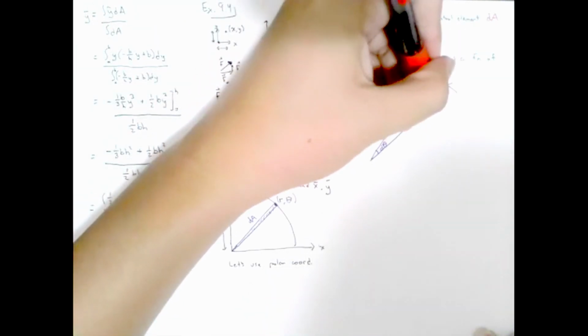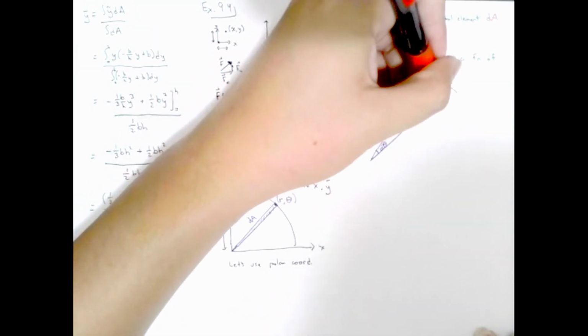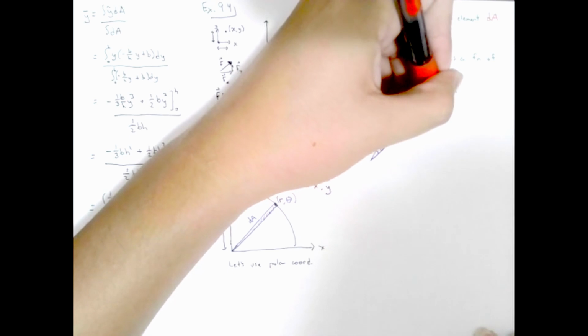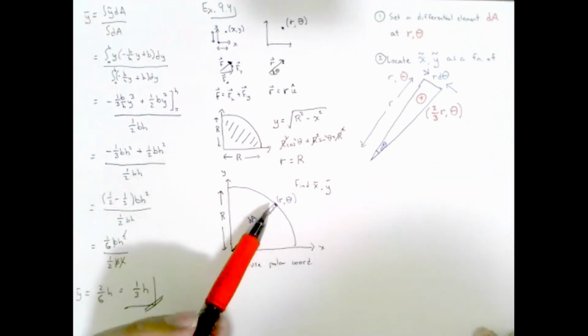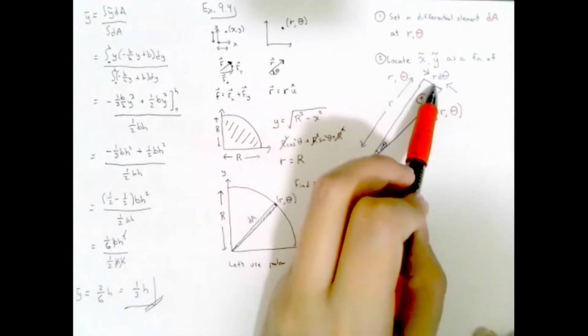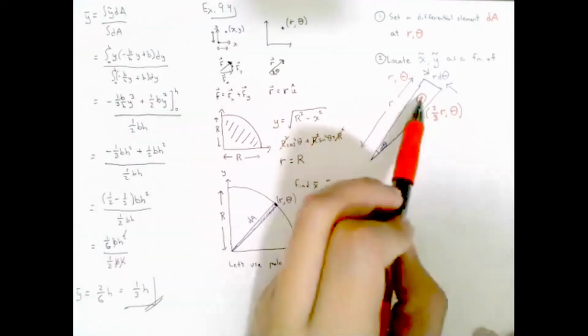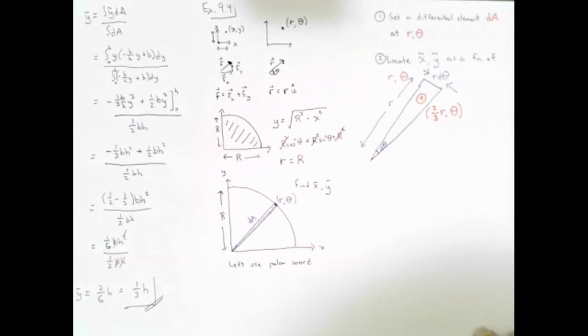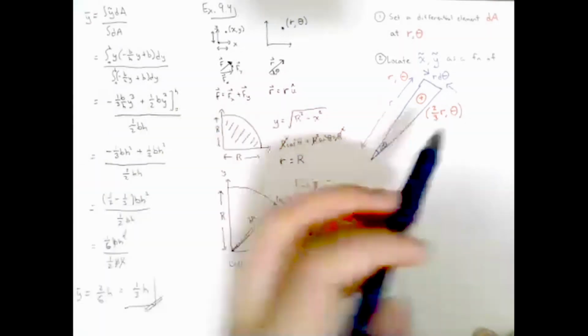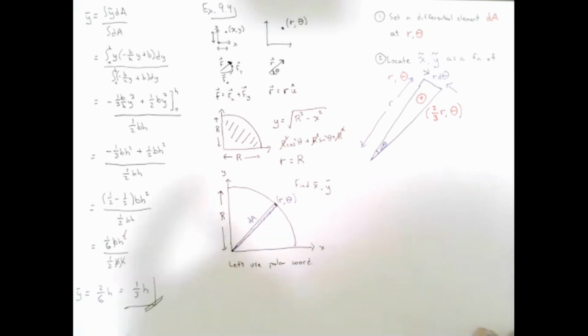So this centroid should have coordinates of 2/3 r and theta, because this point in the triangle is r theta. Therefore, this centroid should be 2/3 r theta. So we know that our centroid is located in polar coordinates at 2/3 r theta.